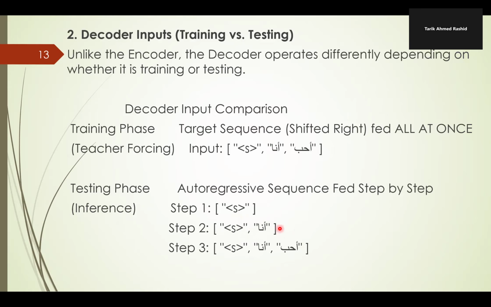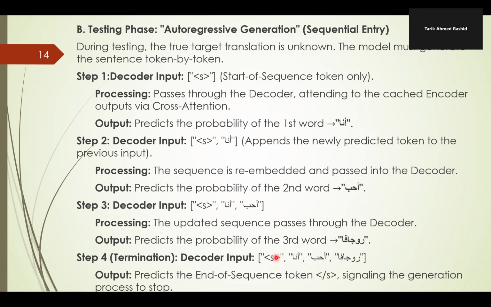The predicted outcome for this input will be AHAB. Then that word will be added to the previous tokens, the start token and ANA, so that we can predict the next token, Rojava. So that's what we were talking about, auto generation.